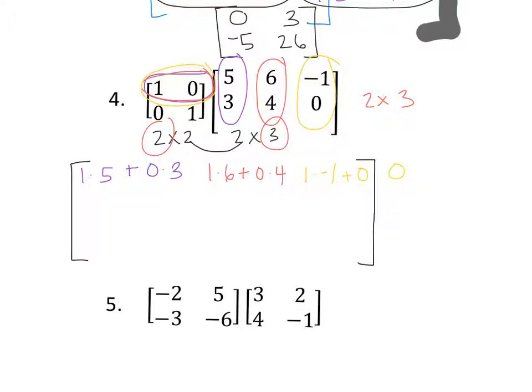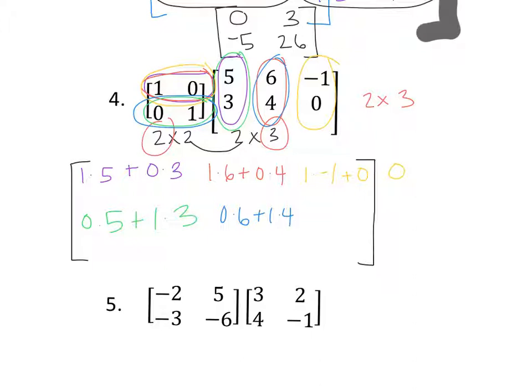So my second row right here, I'm going to multiply it by this column right here, this column right here, this column right here. So it's going to be 0 times 5 plus 1 times 3. Then 0 times 6 plus 1 times 4.